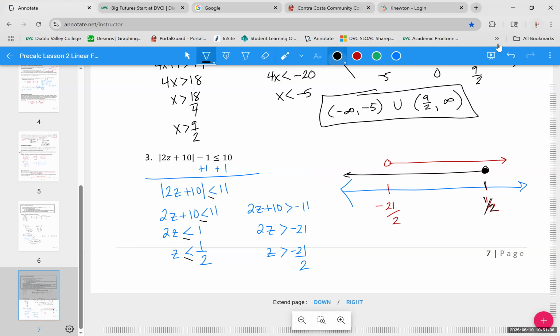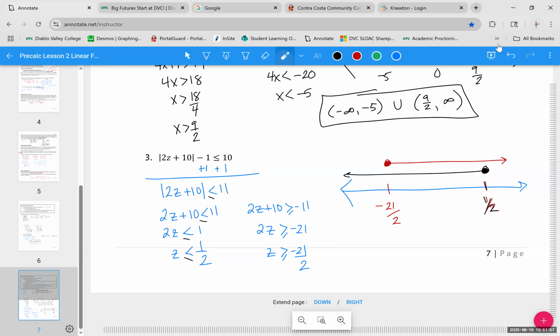And then on the other side, I'm going to fix my little mistake here. I flip the direction, made the other side negative, subtract, divide, and now I get z is greater than or equal to -21/2, which I have down here. Greater than or equal to would fill in that dot.